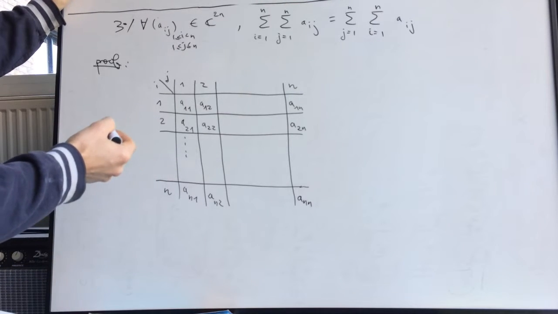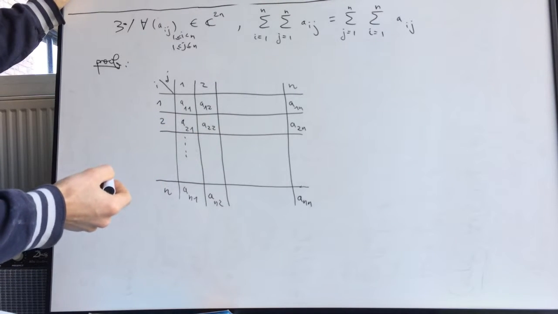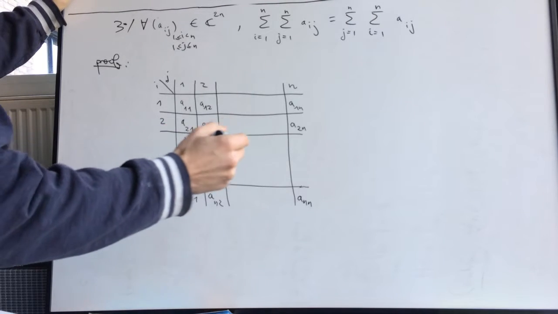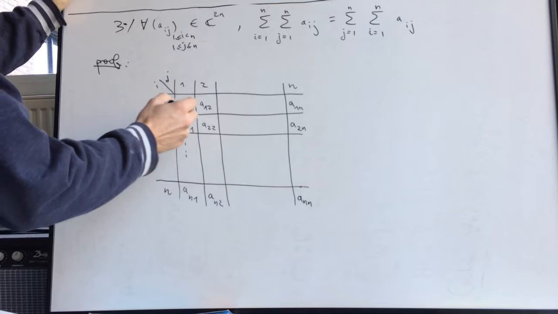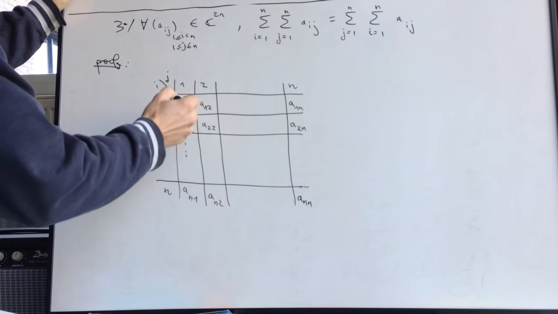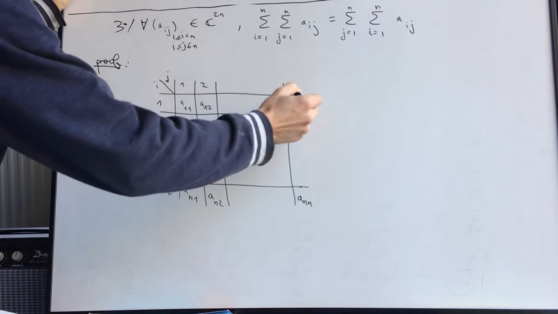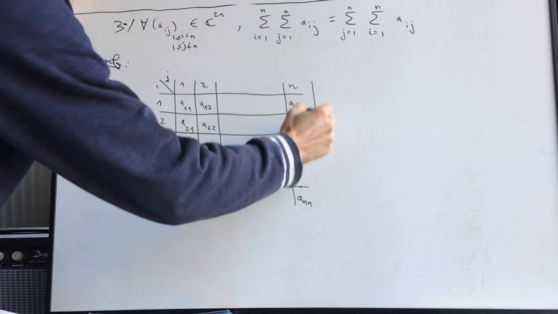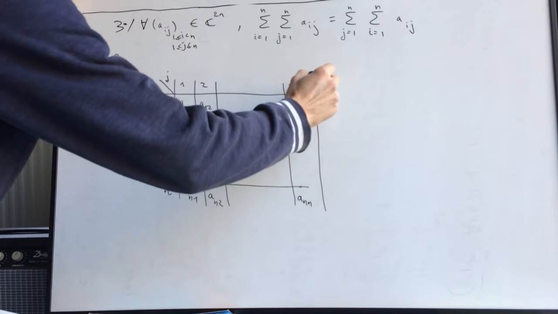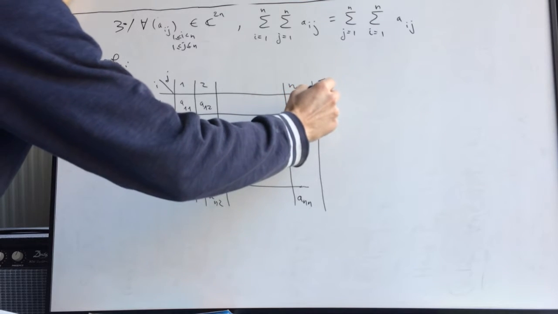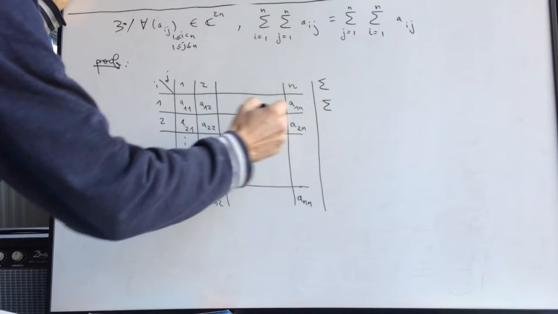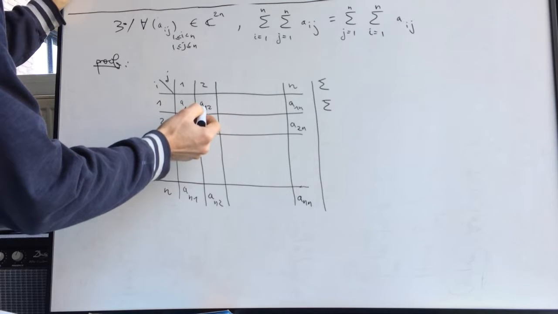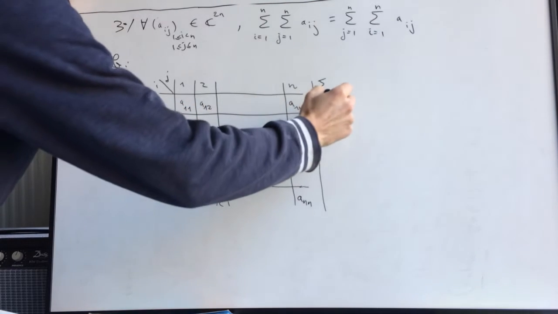And we are going to sum all those complex numbers in two different ways. First, we are going to sum by line. When we sum all those terms in the first line, we get the summation of a sub 1,1 plus a sub 1,2, and so on.